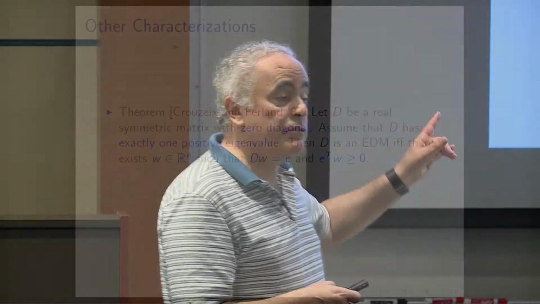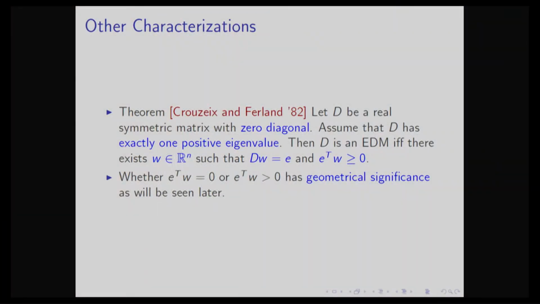That's a very useful characterization also. Now, whether E transpose W equals 0, or E transpose W is strictly positive, has geometrical significance, which I'm going to explain later. So there is geometrical significance attached to these two conditions.